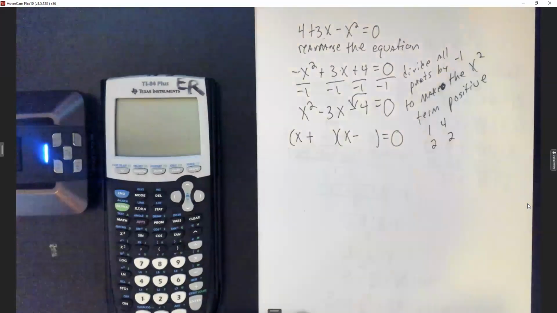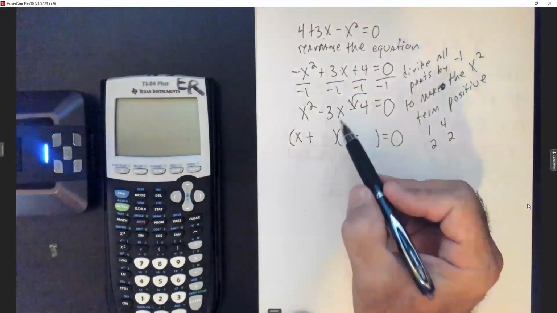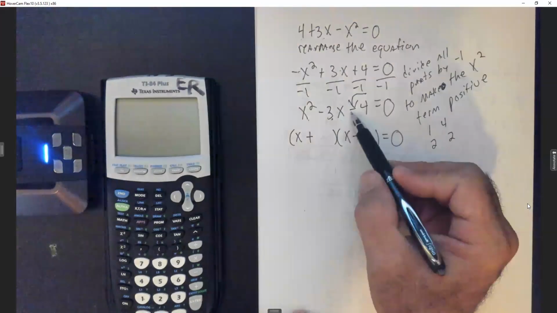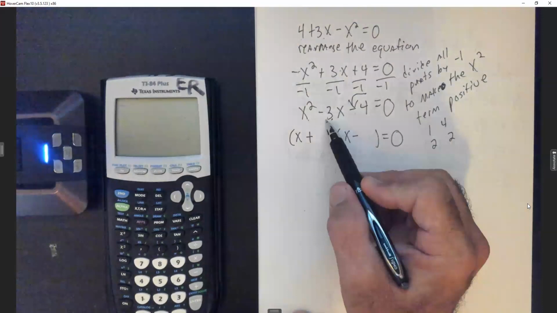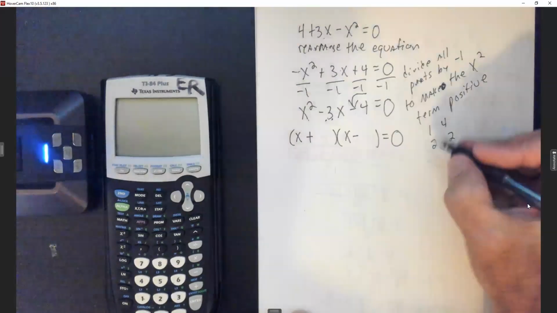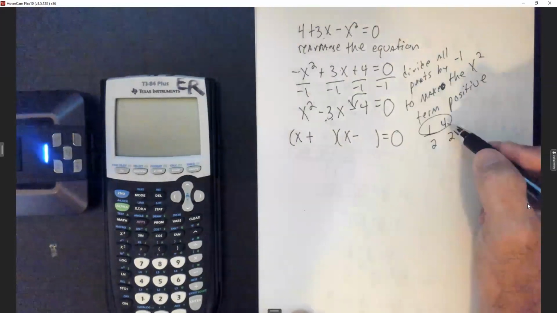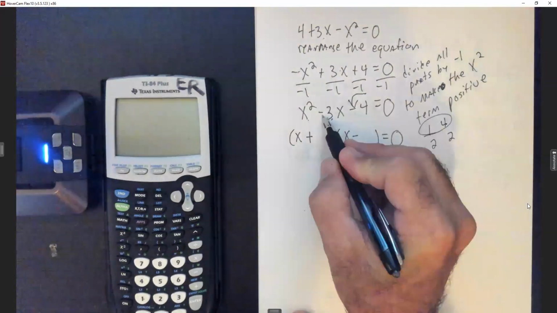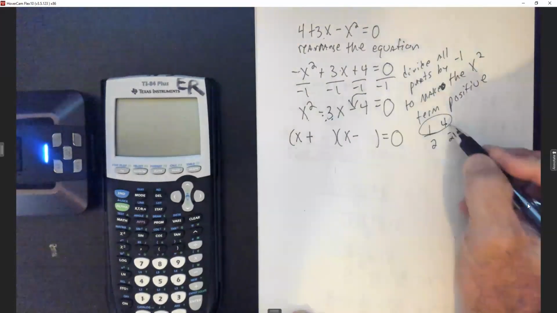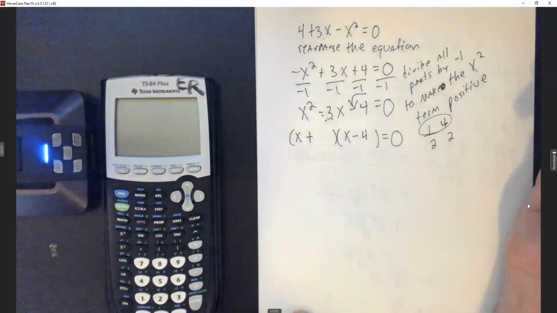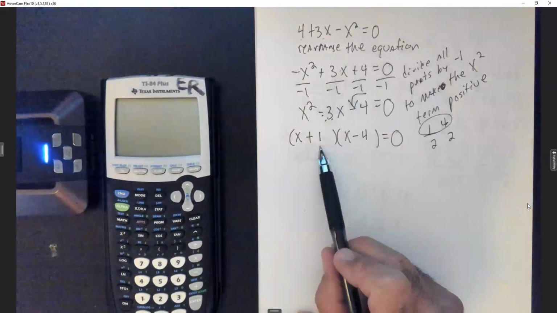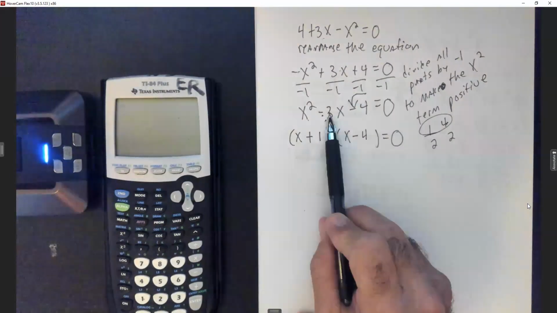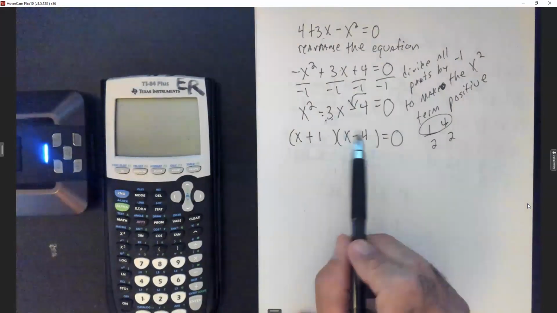The factors of 4 that have a difference of 3, see, anytime that last number is negative, you want these numbers to subtract and get the middle number. So 4 and 1 equal 3. And remember, the larger number has the same sign as that middle number. So since 4 is the larger number, it's going to be negative like the 3, and then the 1 would be positive. And if you add that, 1 and -4 equal -3. 1 times -4 equal -4.